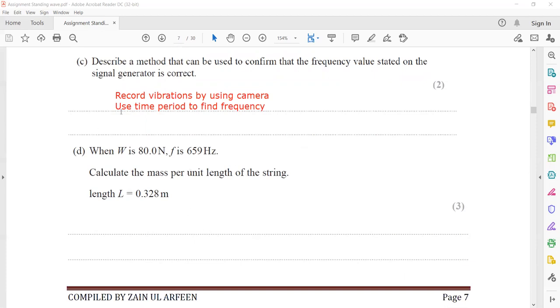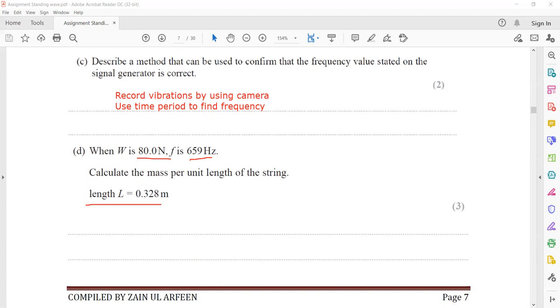In part D, the weight is equal to 80 Newton, and the frequency is 659 Hertz. Calculate the mass per unit length, where the length of the string is given as 0.328 meters. So we need the value of mu, where mu is equal to mass per unit length.